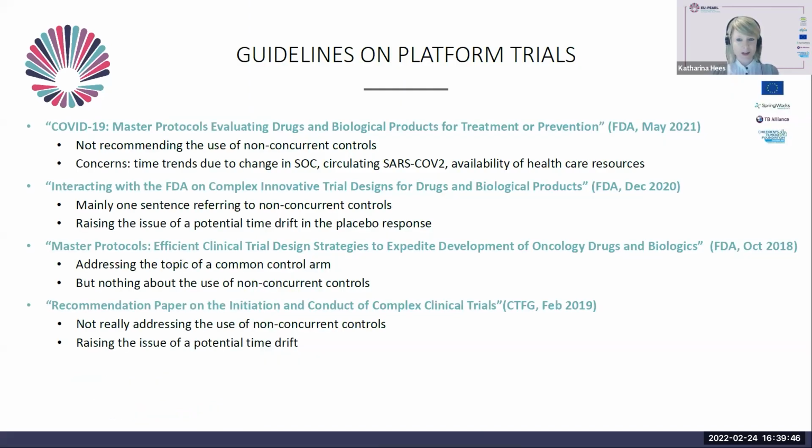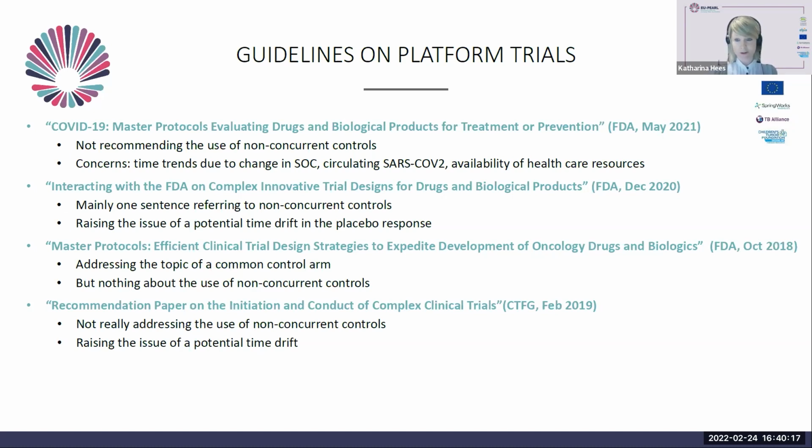So when we started this research, we started with looking for platform trial related guidelines and guidelines which were saying something about non-concurrent controls in the strict sense. But there are so far not many guidelines available that address this issue. More precisely, we have found exactly these 4 here. There is the very recently published FDA guideline on platform trials in the COVID-19 context.